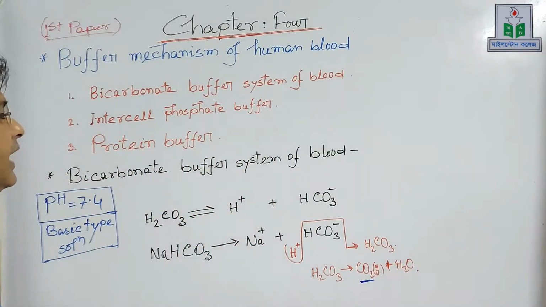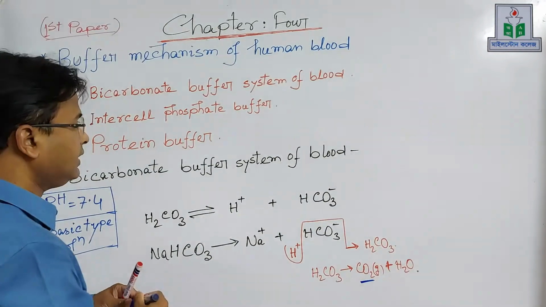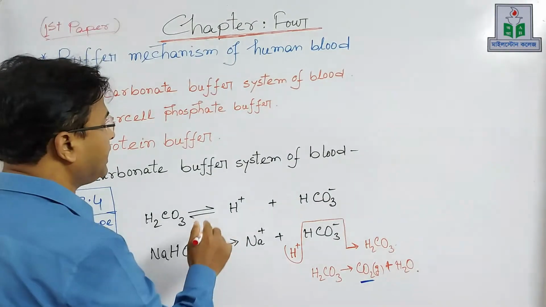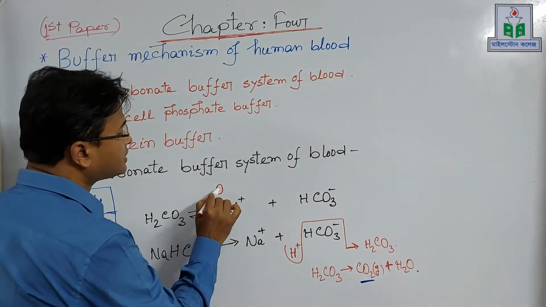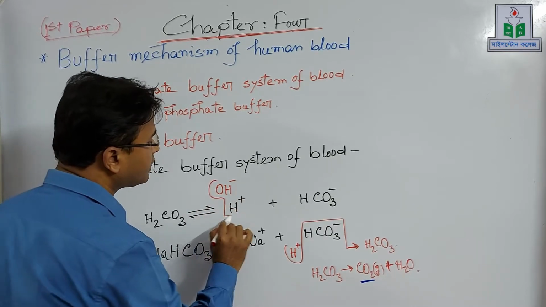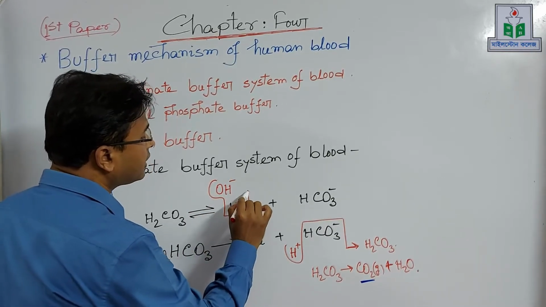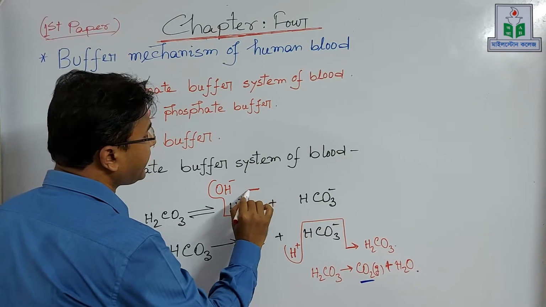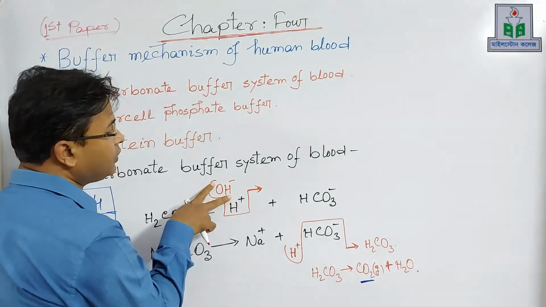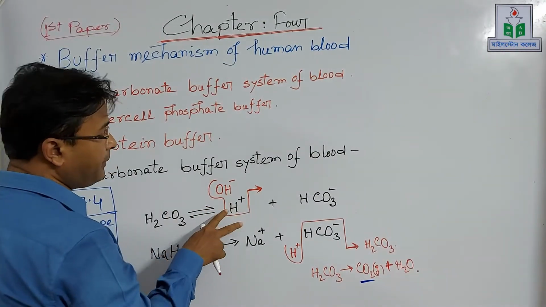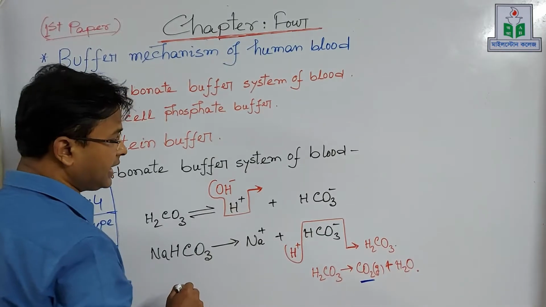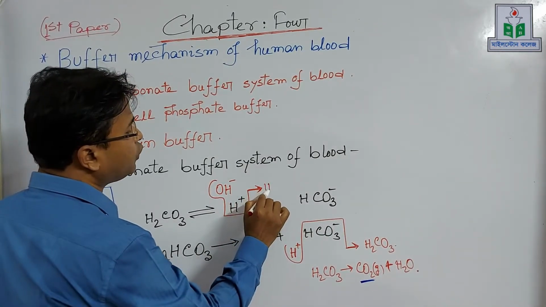Again, if a small amount of base is absorbed by human blood, then the hydroxide ion of the base combines with H plus ion of blood to produce water.